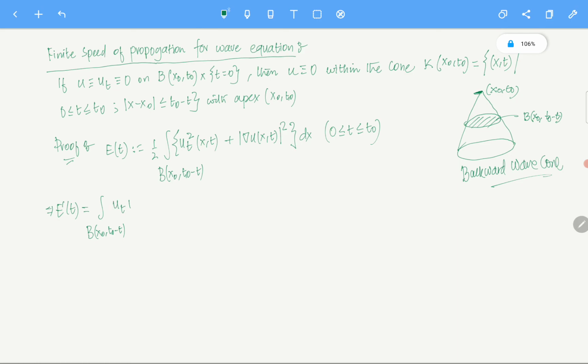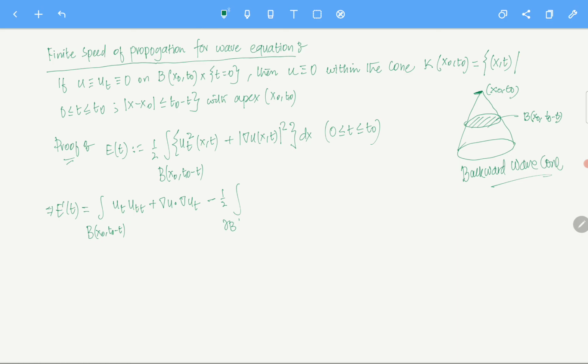So this is u_tt plus gradient u dot gradient u_t minus half the boundary of B. What I am basically doing is differentiation under the sign of integration.